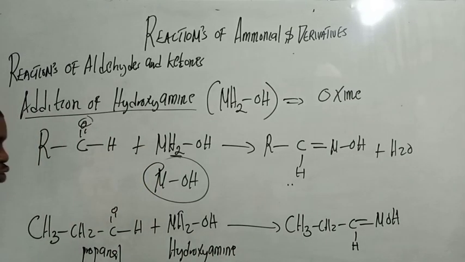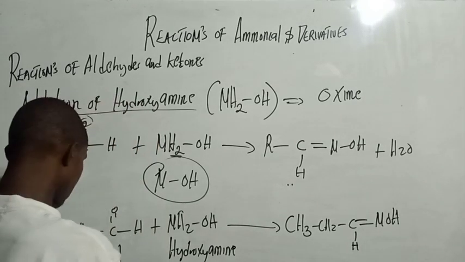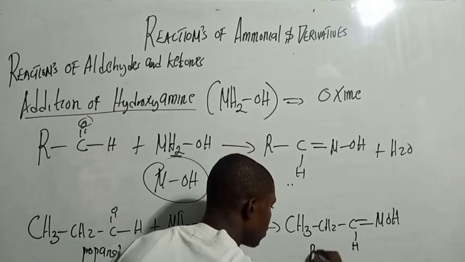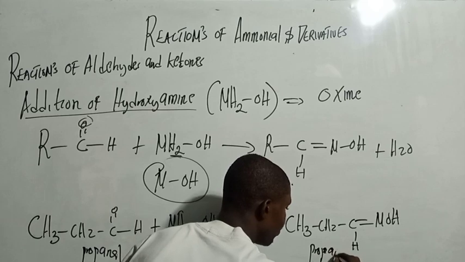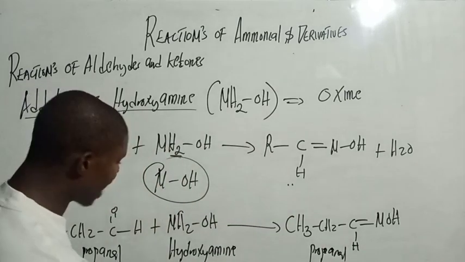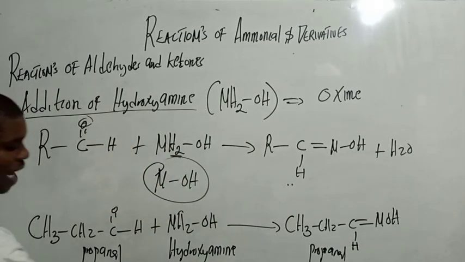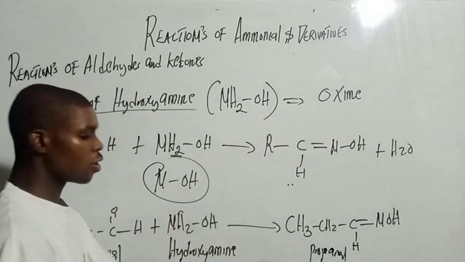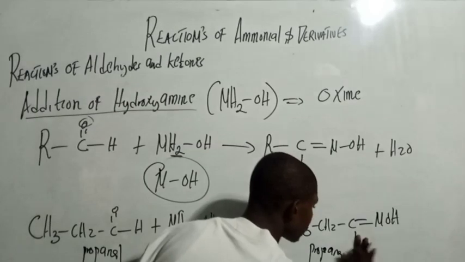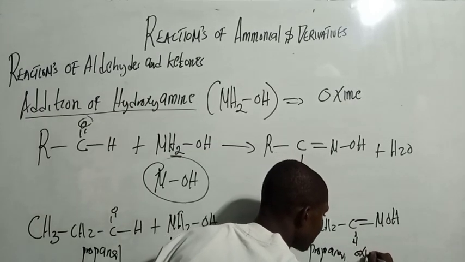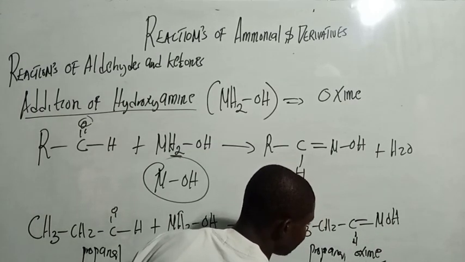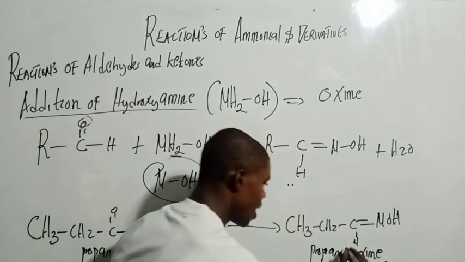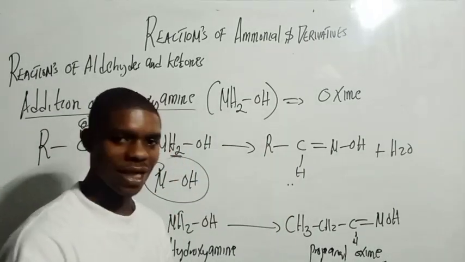So the product here is going to be propanal. Now remember, when hydroxylamine is added to an aldehyde or ketone, the product is an oxime. So it's going to be propanal oxime as the product. You can see how easy it is, right?